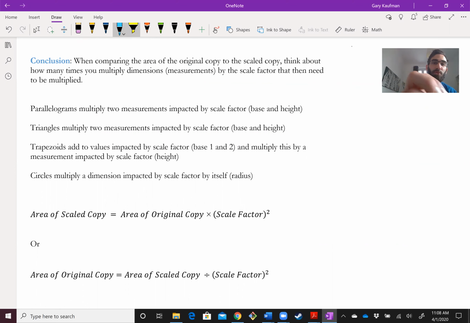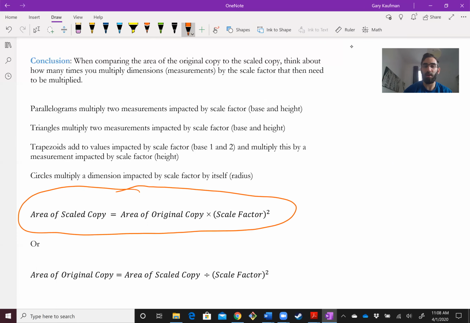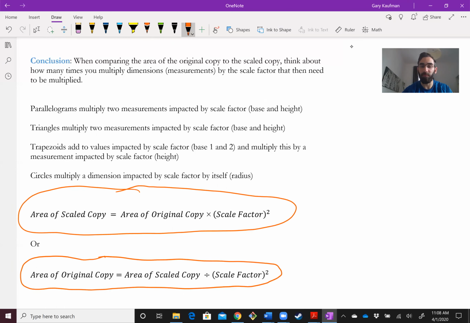So what we end up noticing is that the area of the scaled copy is the area of the original copy just multiplied by the scale factor squared. Or you can go the other way. The area of the original copy is the area of the scaled copy divided by the scale factor squared. So make sure we've added this conclusion into our notes.